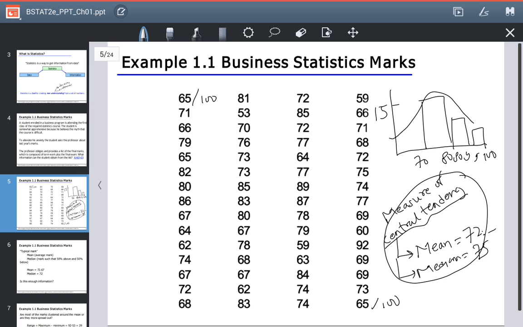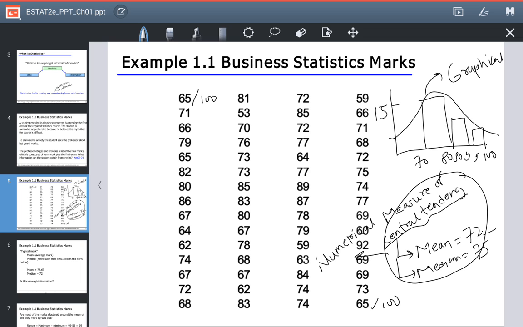So he might show you this visualization. So this method is called the numerical techniques. So this is a numerical technique, and this is a graphical way to summarize the data.